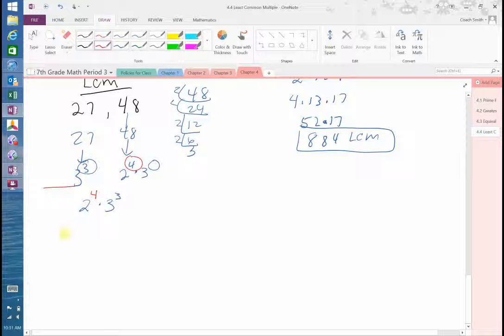Okay, I know that 2 to the 4th is 16, times 3 to the third is 27. So I'm going 16 times 27, 432. So the LCM is 432.